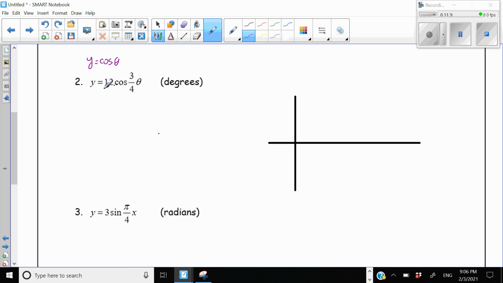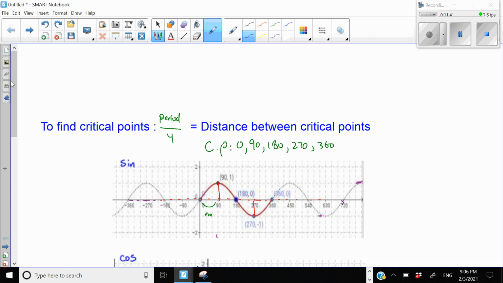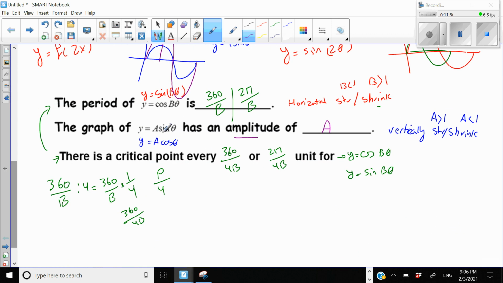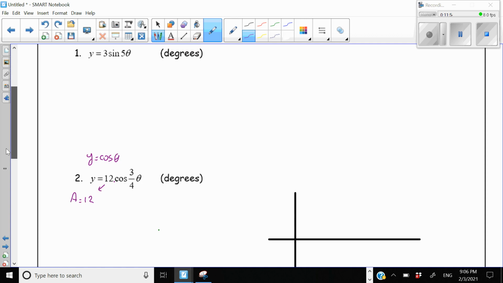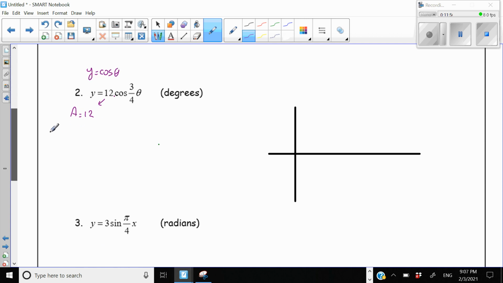This is outside of the function, so this is the a value. The a value is 12. So if the a value is 12, that means the amplitude of the function is 12.